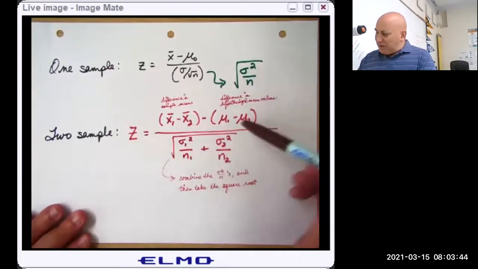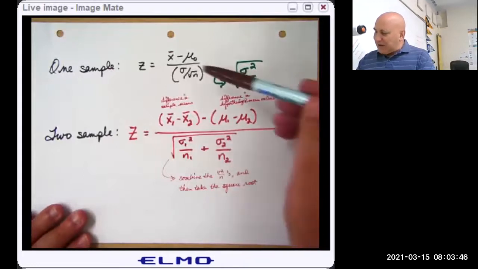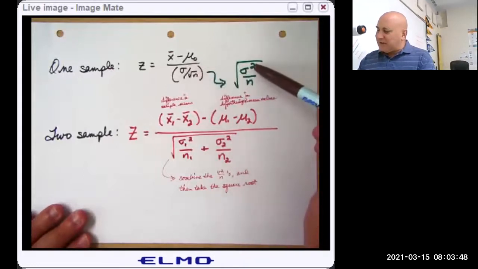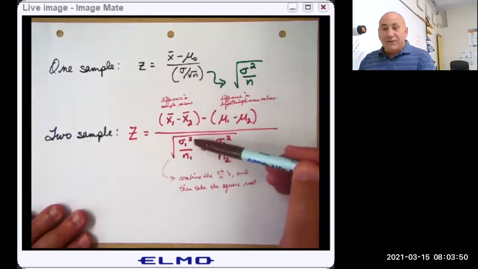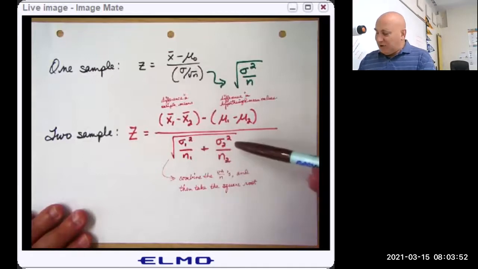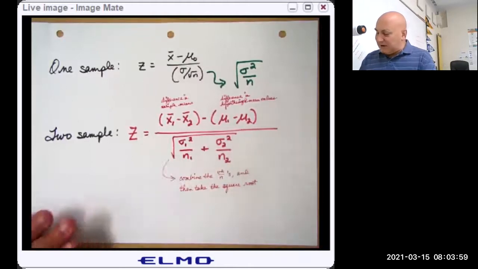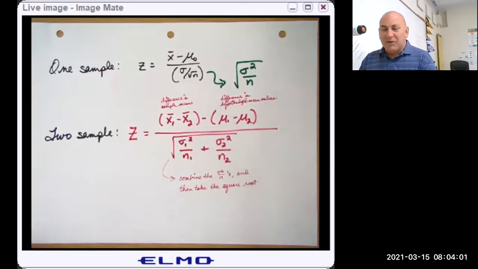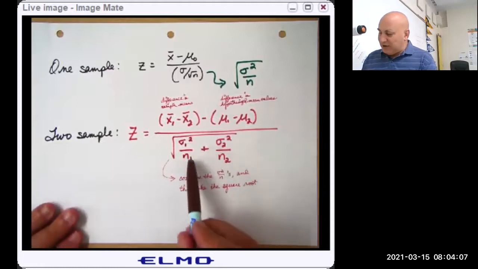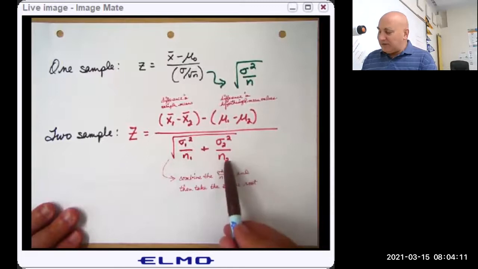And then what we're going to do for the denominator is, rather than sigma over root n, we're going to take sigma squared over n for the first population. We're going to take sigma squared over n for the second population. We're going to add those together and then take the square root. Notice that our sample sizes from our two populations don't have to be the same size. You could pick a sample of 10 from population 1 and a sample of 40 from population 2.